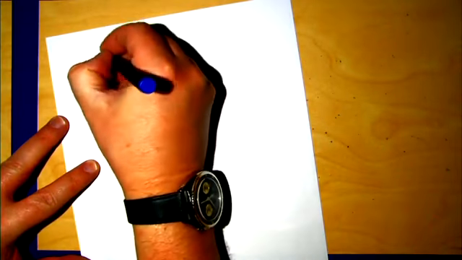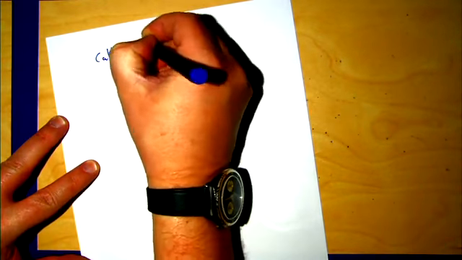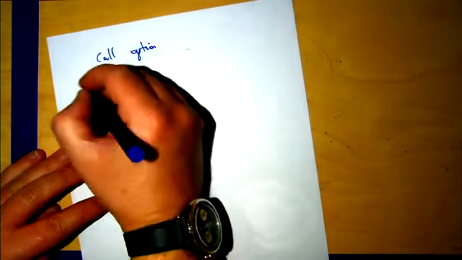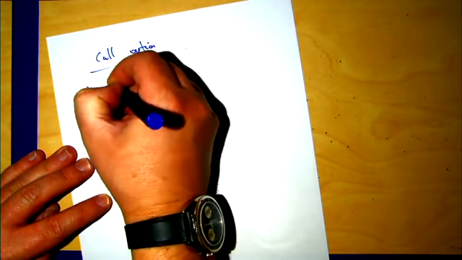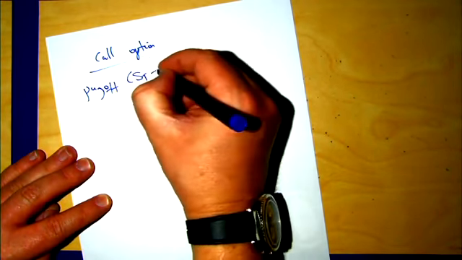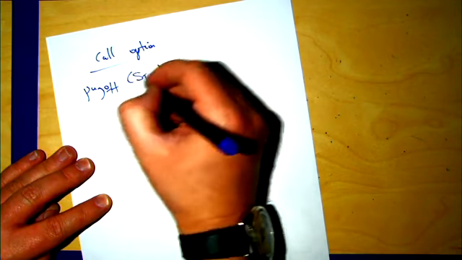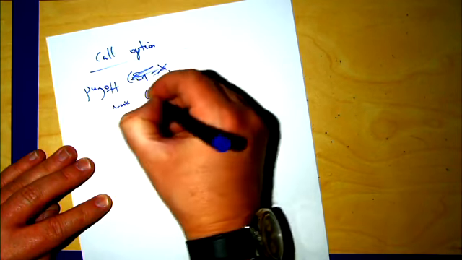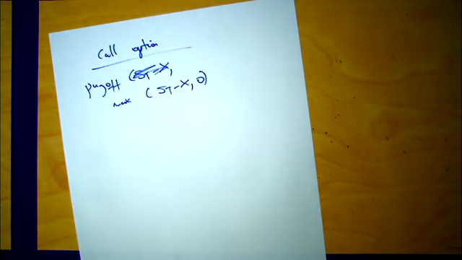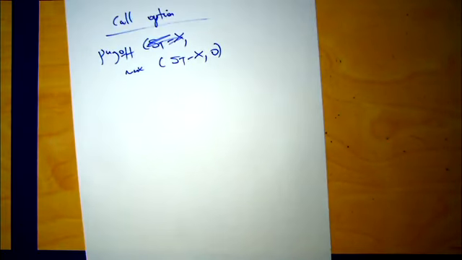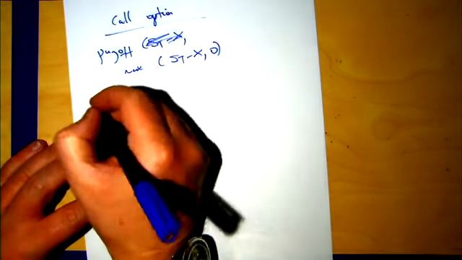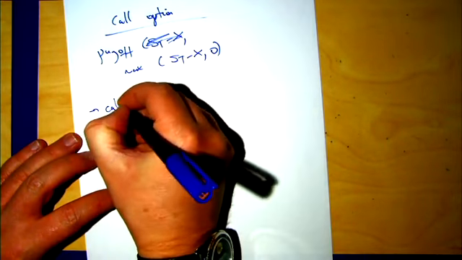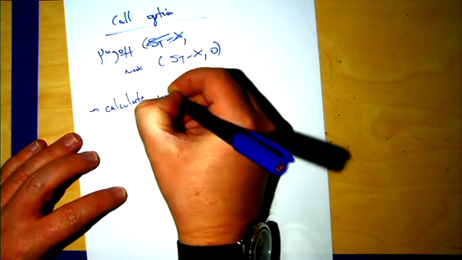So we have our call option. That's what we're trying to value in this question. And remember, the payoff from a call option is the maximum of ST minus X and 0. And the rule for using the binomial option pricing model, which we mentioned at the beginning of the lecture, is I calculate my payoffs.